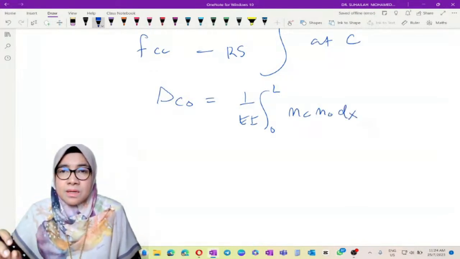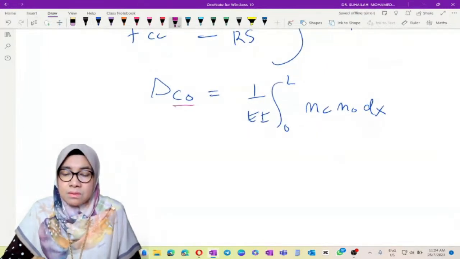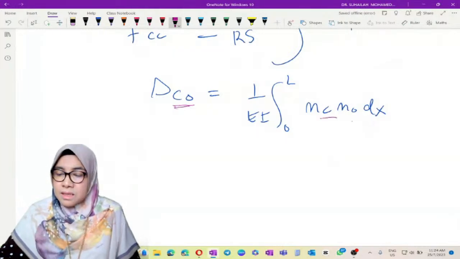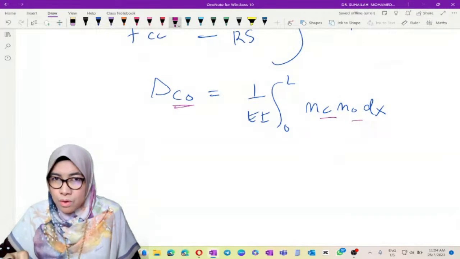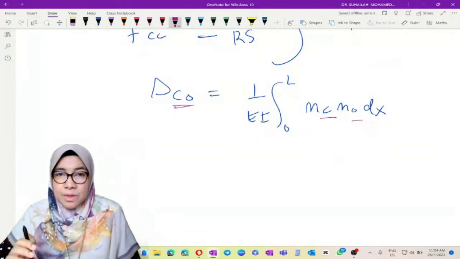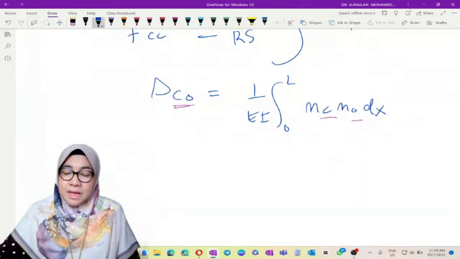Delta C naught means we integrate MC M naught.